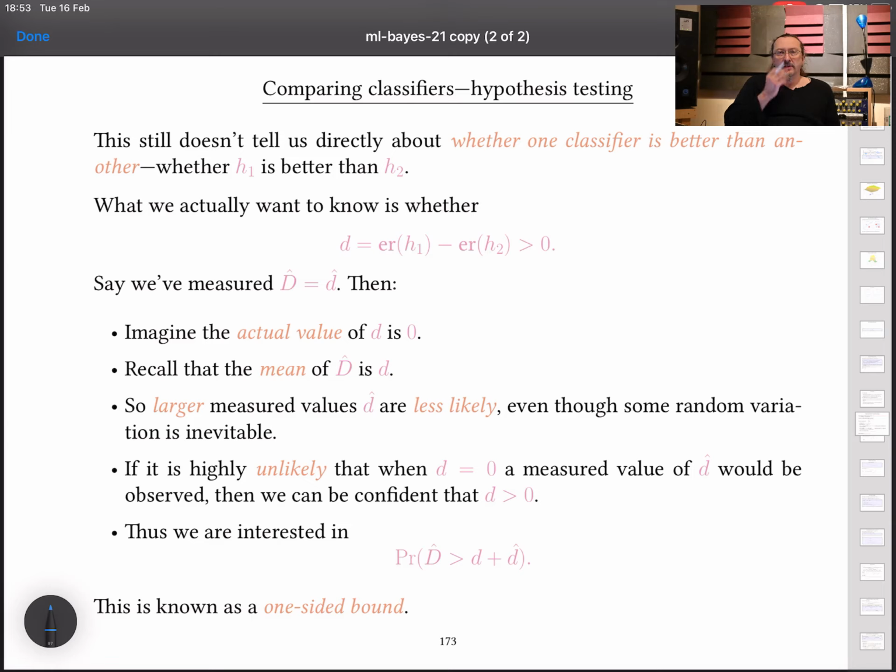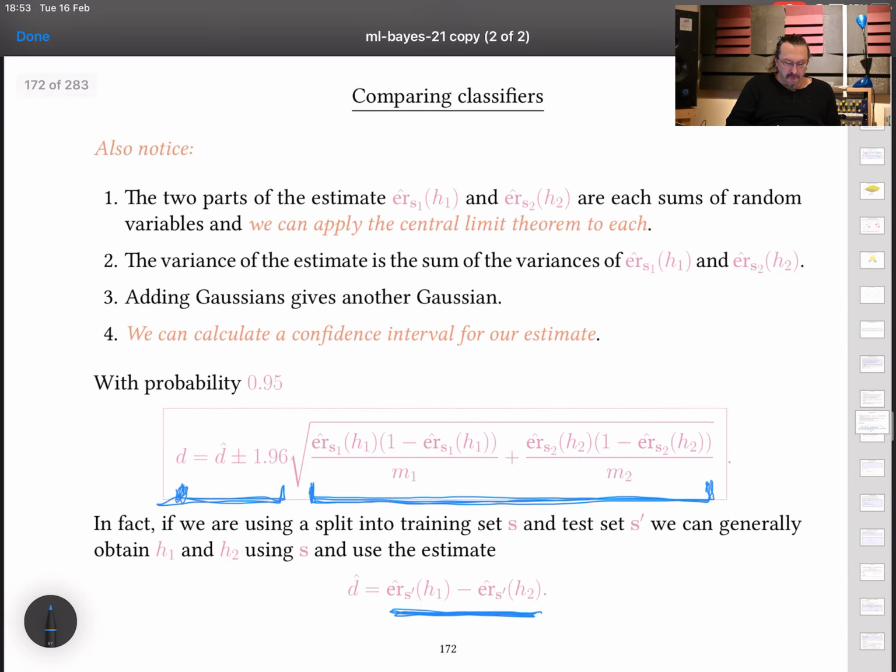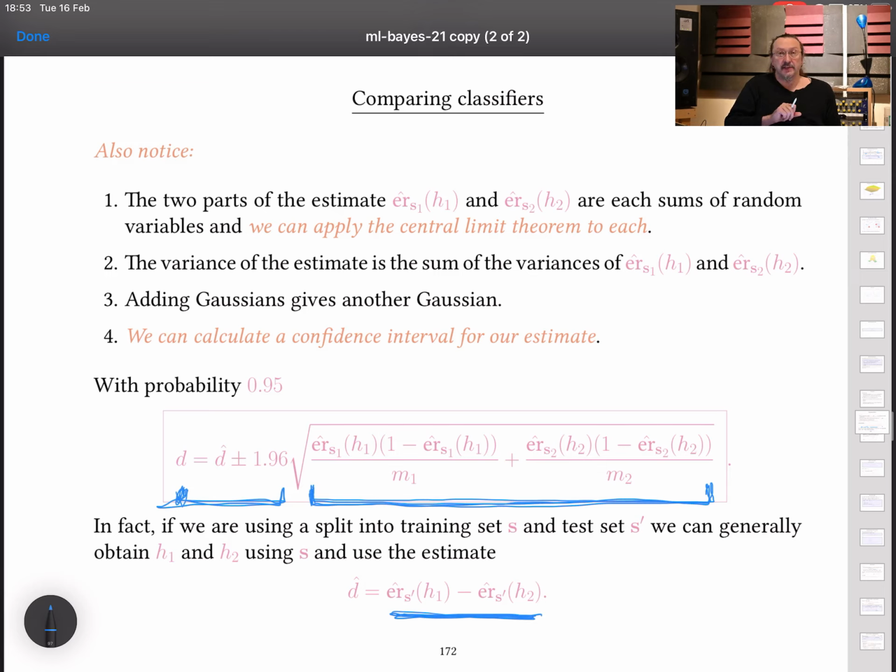Now that still doesn't tell us quite what we want to know. What we've got now is a probability, as usual 0.95, that our estimate of the difference between the generalization performance of H1 and H2 is within a certain bound of its actual value.